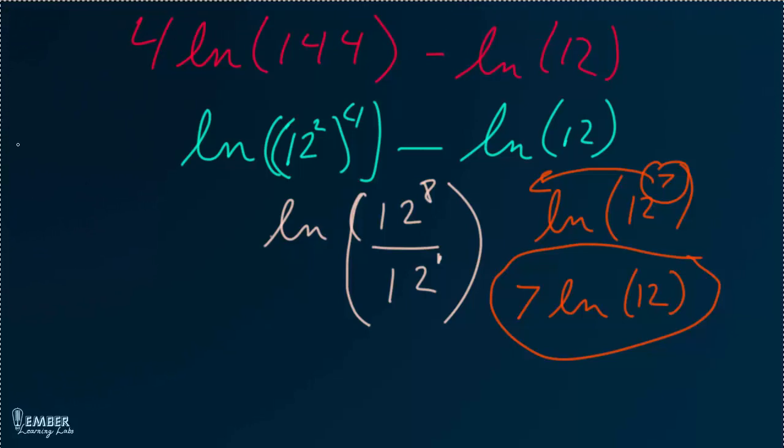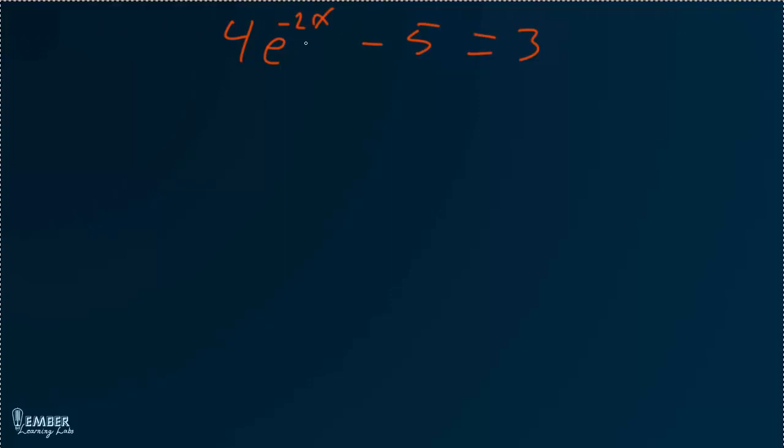Let's do another one. This time we're going to be solving for x. So we've got 4 times e to the negative 2x minus 5 equals 3. We want to do some isolation here, okay? We're going to isolate this e to the whatever x, in this case negative 2x.